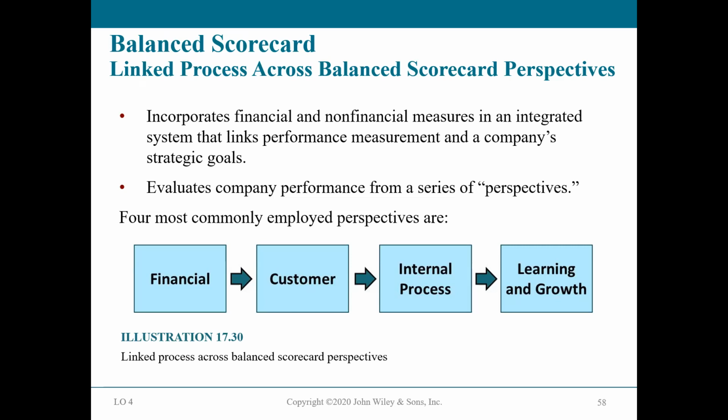So balanced scorecard looks at performance of a company and the relationship of that performance to the company's strategy. So the company has a strategy, to grow sales, to gain a new customer base, to improve processes in a certain area of the business, or to improve professional development of their employees, just as an example.